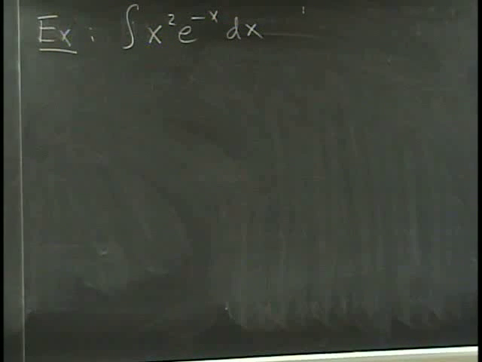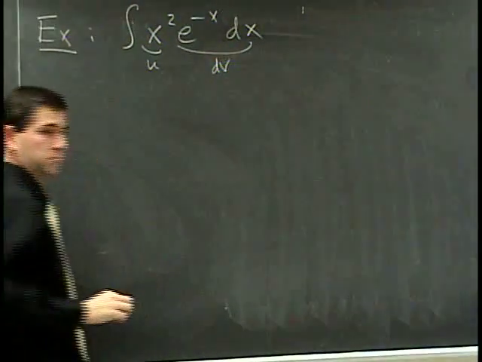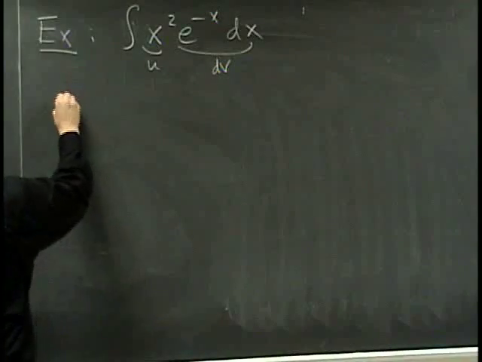So what should be our u and what should be our dv? U is x squared, and dv is e to the minus x dx. That's right. That'll be our u, that'll be our dv. Okay, looks good. So let's write that.